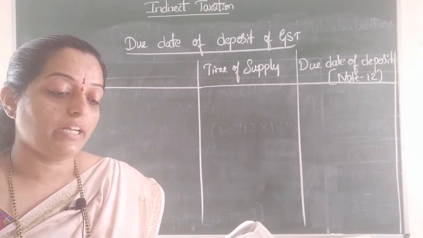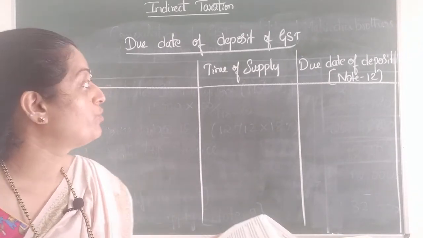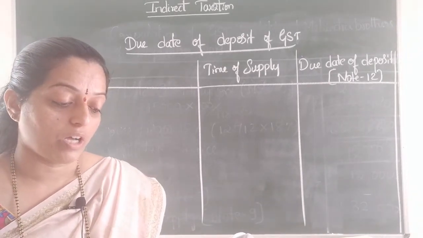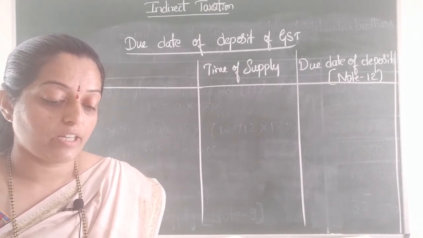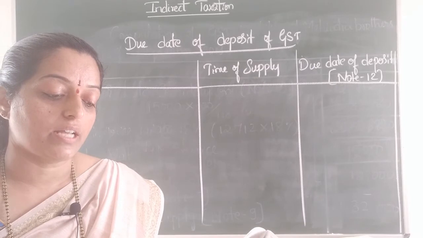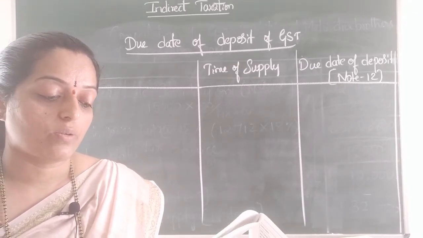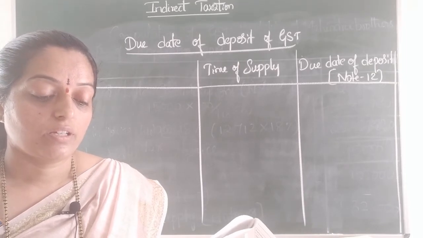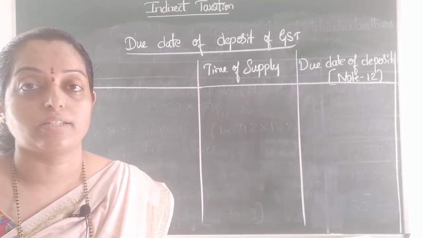So, whatever may be the date, next month 20th is the due date for the deposit of the amount or payment of the amount. It further provides that every regular registered person is liable to pay tax due to the government by the last date on which he is required to furnish such return. Thus, GST is liable to be paid on or before 20th of the succeeding month.